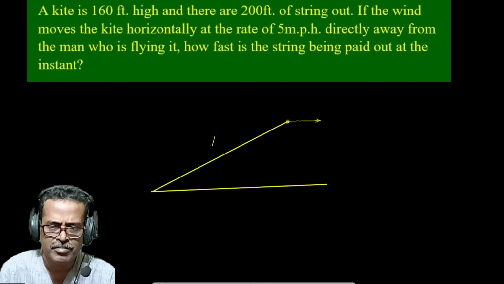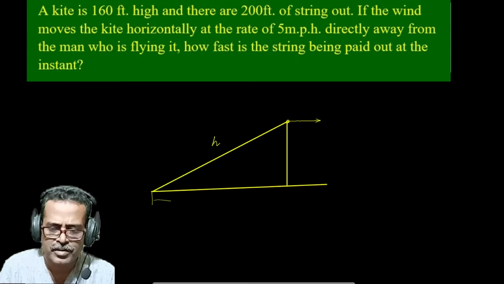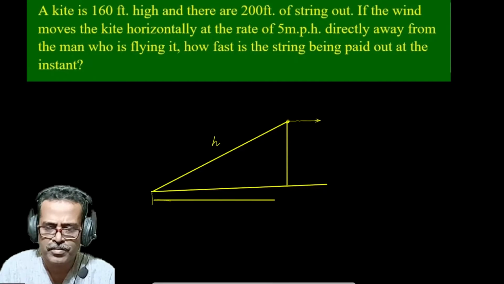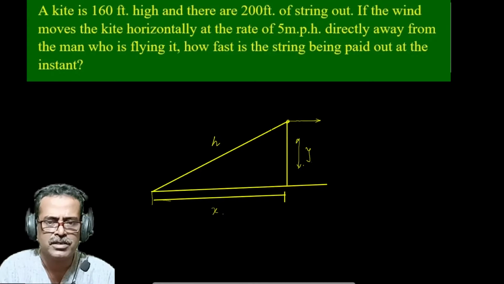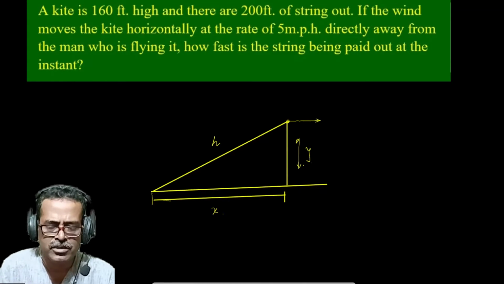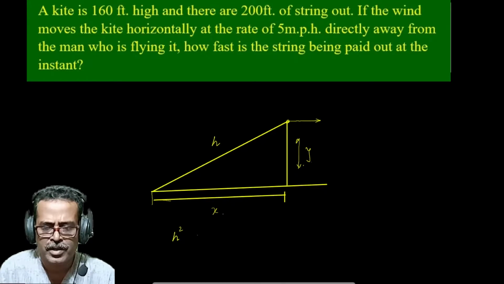This is h, the hypotenuse, and suppose this is x, and this is y. So y is constant. So h square is equal to x square plus y square.